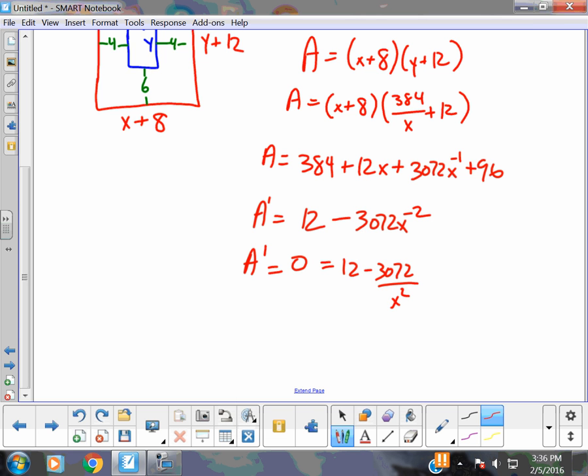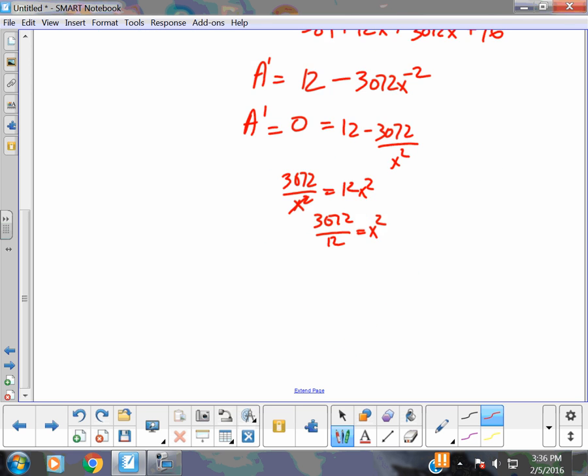And sometimes I see it better if I do it this way. I'll move this to the other side. Multiply by X squared. So 3072 divided by 12 equals X squared. 256 equals X squared. Take the square root, and I get plus or minus 16. I ignore the minus because obviously a length of a piece of paper has to be positive.